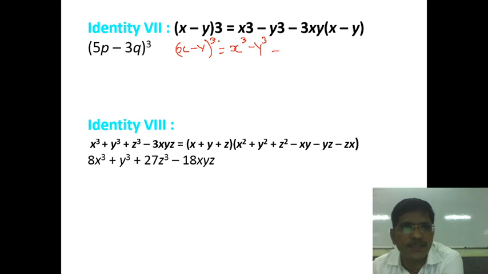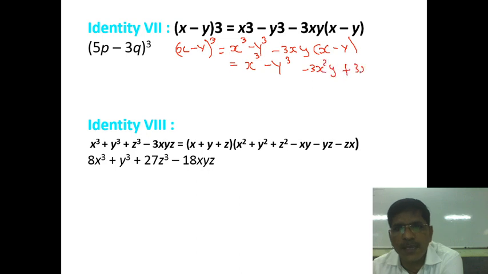Then these 3 I have to write, and the bracket term, that is x and y in the form of multiplication, and the whole bracket I have to write. And if I open it, then x cube minus y cube minus 3x square y plus 3xy square.